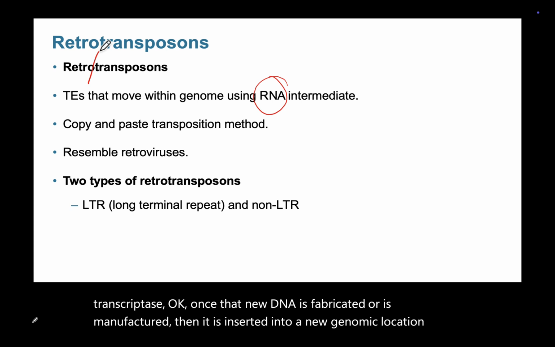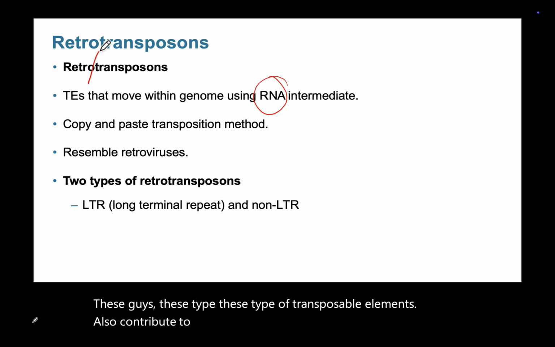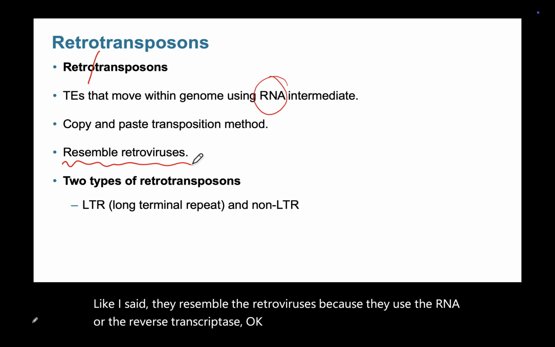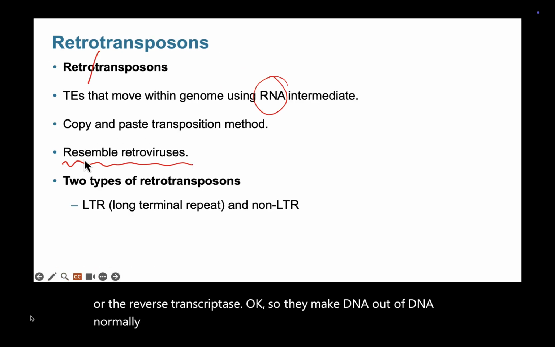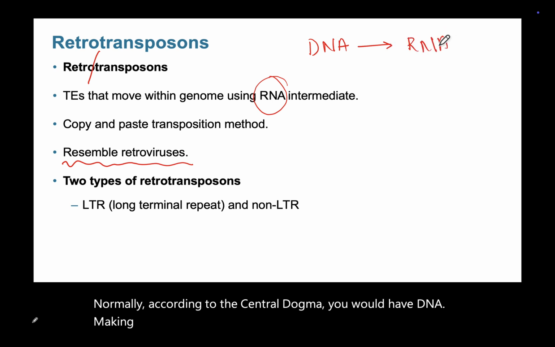Similarly, these types of transposable elements also contribute to mutations, therefore also genome evolution. Okay? Like I said, they resemble the retroviruses because they use the RNA and the reverse transcriptase. Normally, according to the central dogma, you would have DNA making RNA, correct?